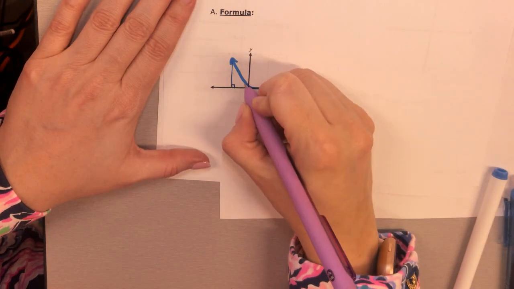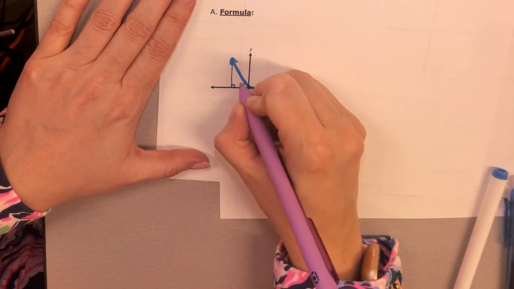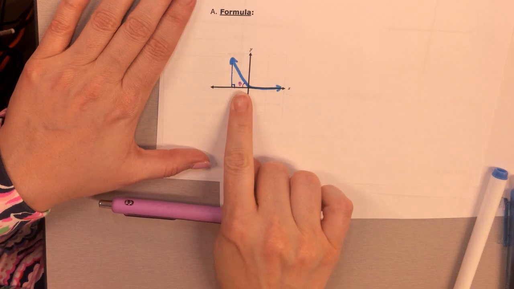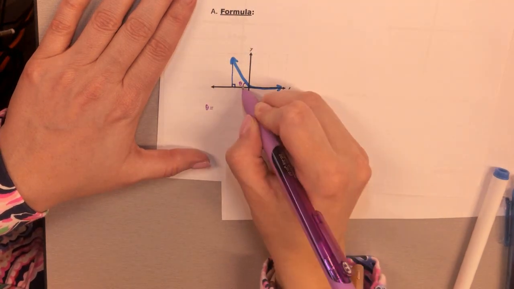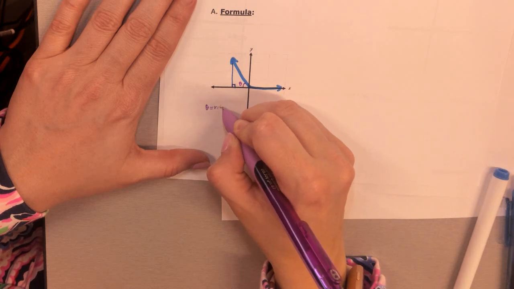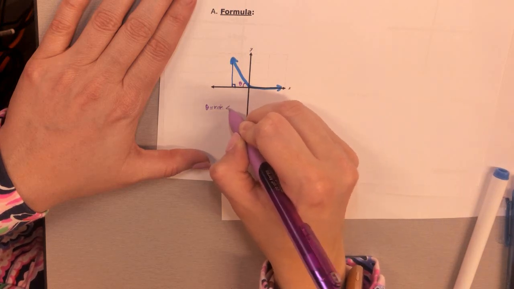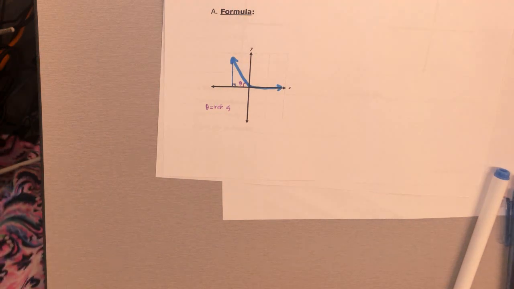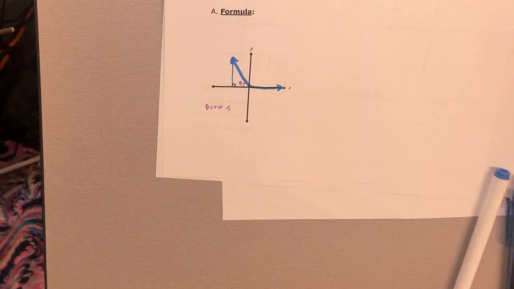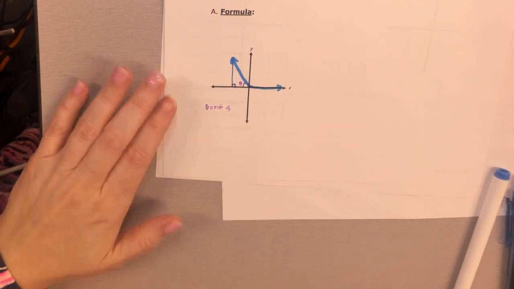Okay, we are going to call this angle theta, which based on what we just did, remember, theta, this angle is the reference angle. Okay, that's going to be important when we do the unit circle as well.